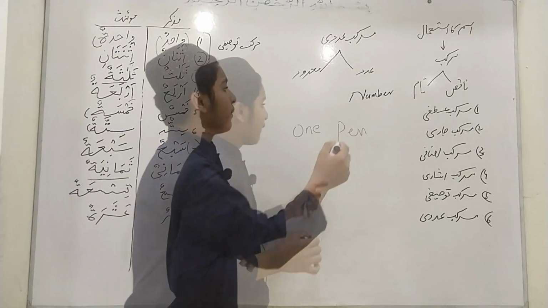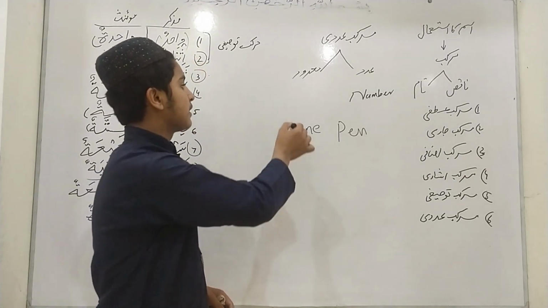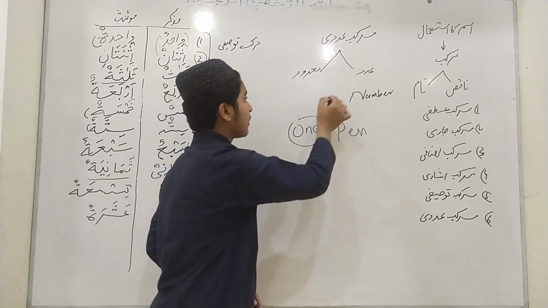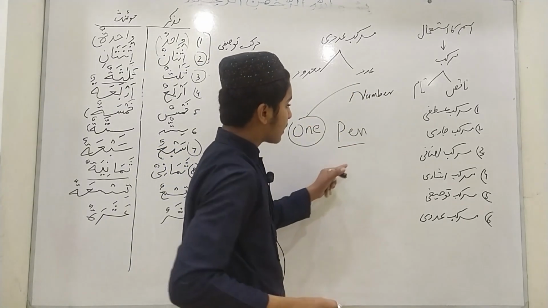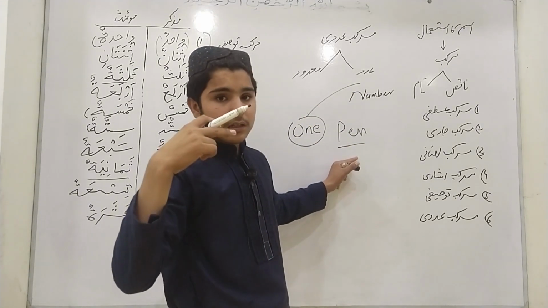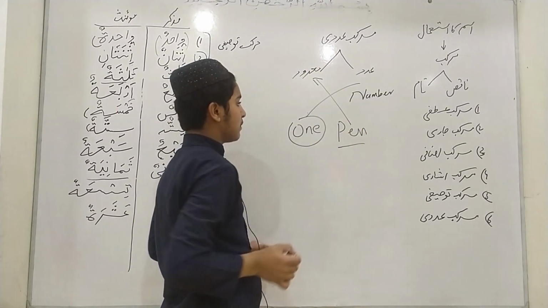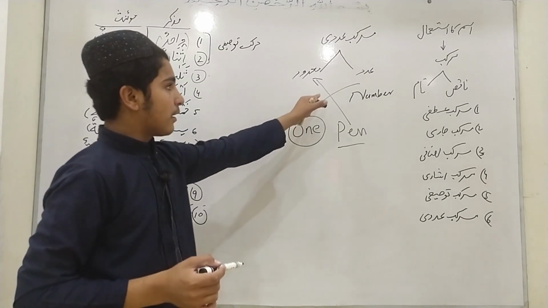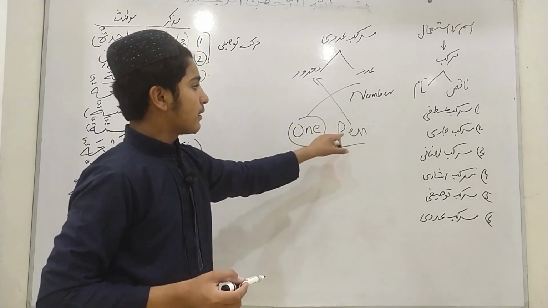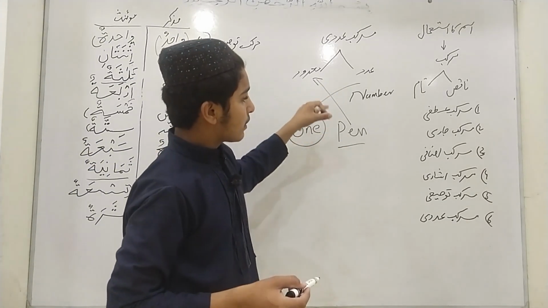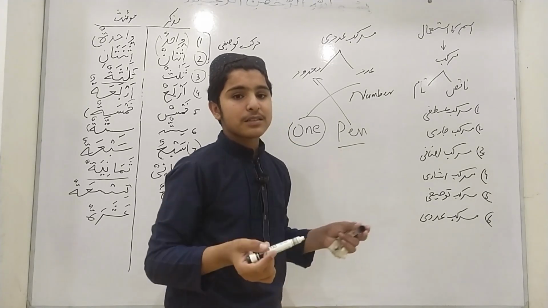For example, one pen. In this, the one is the number and the pen, because the pen is counted, is known as Madud. In English language, the Adad comes first and the Madud, the thing to be counted, comes at the last.